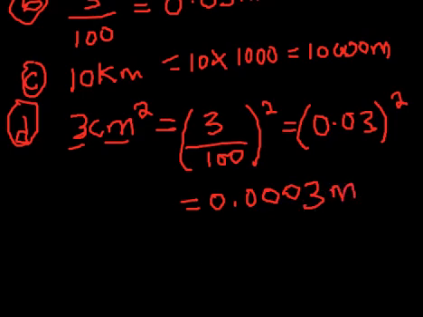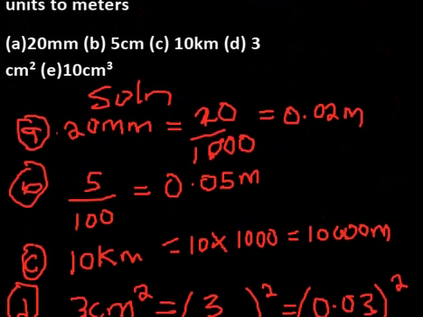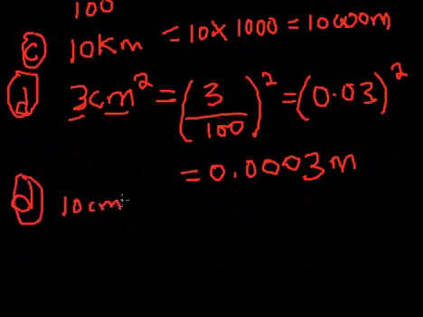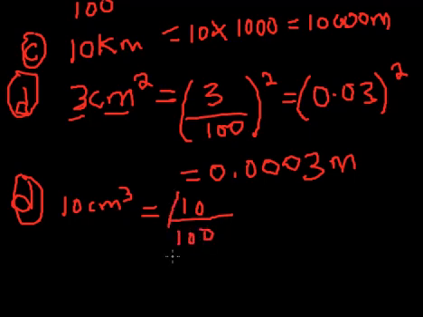And of course, last but not the least, cube, 10 cm cube. If you want to do this, you convert the cm to meter first, then of course you cube.